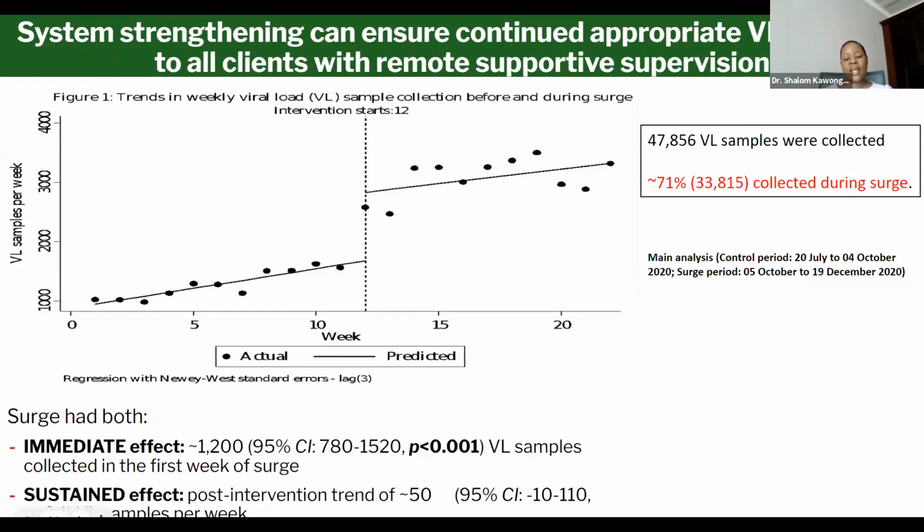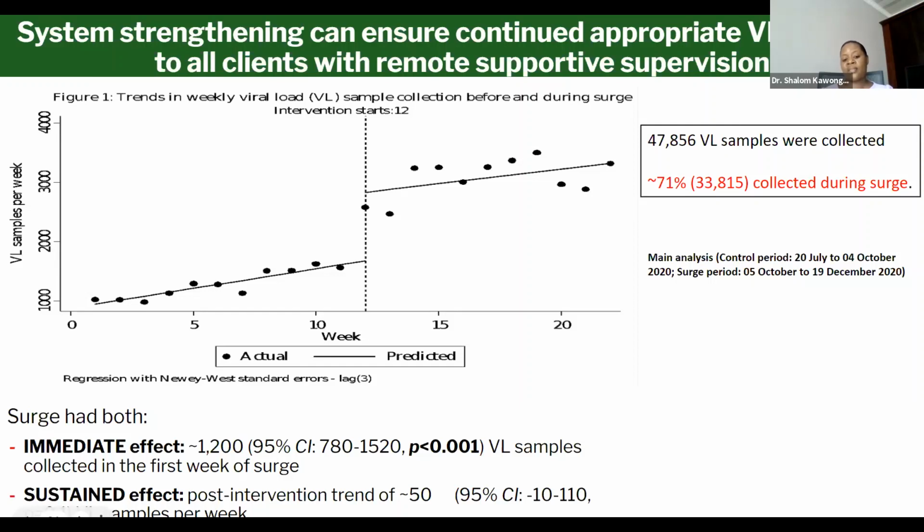We learned that the surge had an immediate effect: it raised the numbers of viral load samples being collected every week by about 1,200, and this result is statistically significant. We also learned that the surge was able to give a sustained effect.